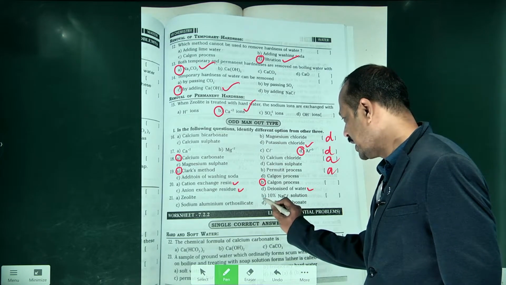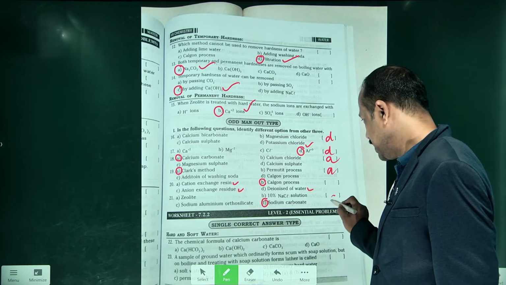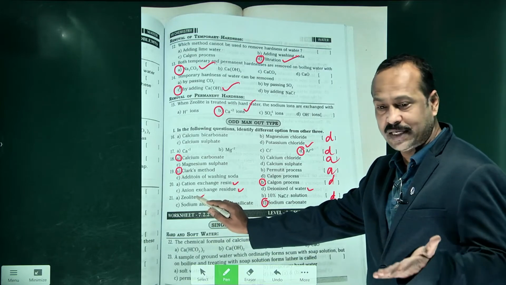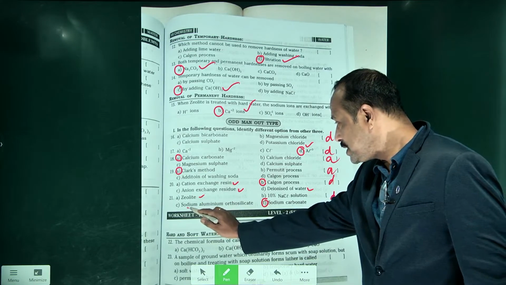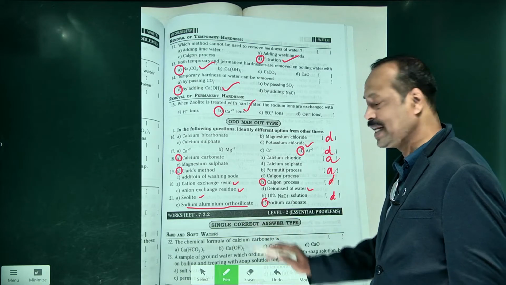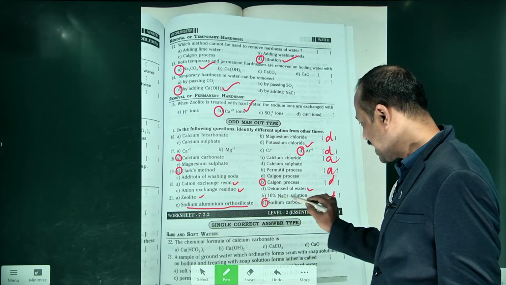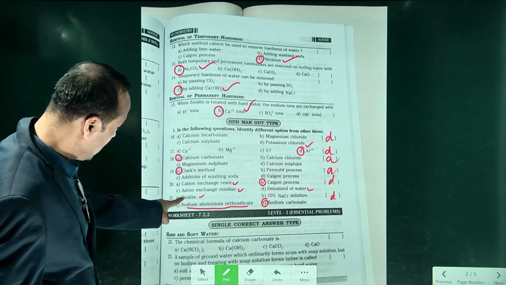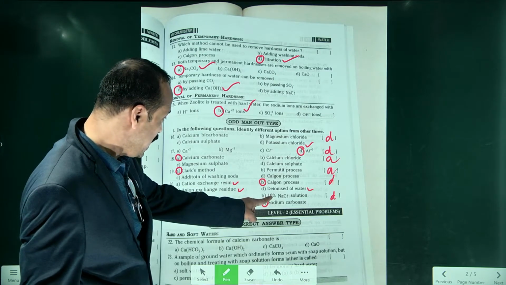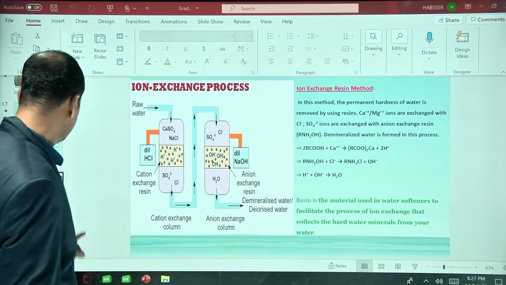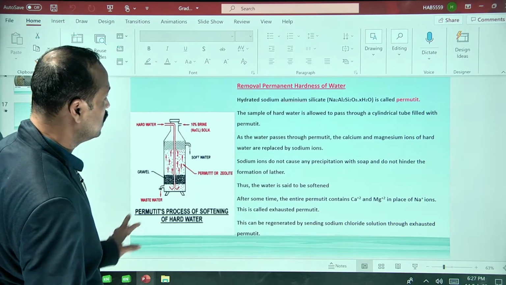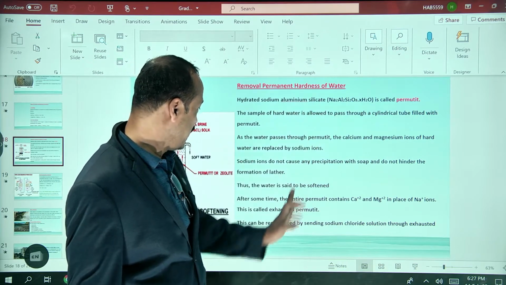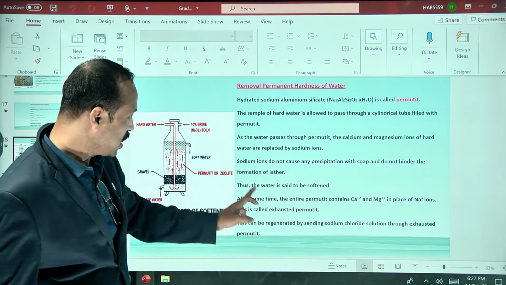No, option D. Why option D? Here, zeolite. Actually we call it zeolite, but the chemical name is sodium aluminum orthosilicate. And in this process, we add 10% sodium chloride solution. See here, 3 words: zeolite, sodium aluminum orthosilicate, and 10% sodium chloride.